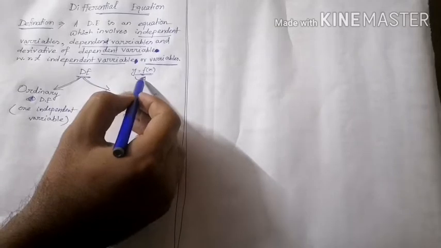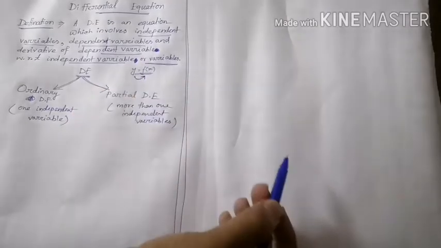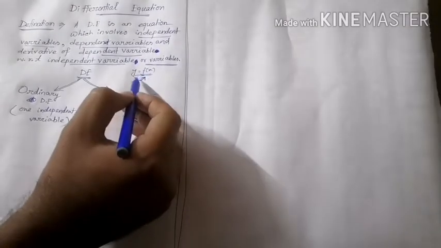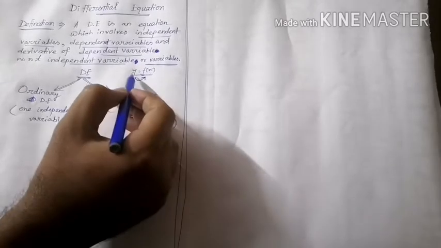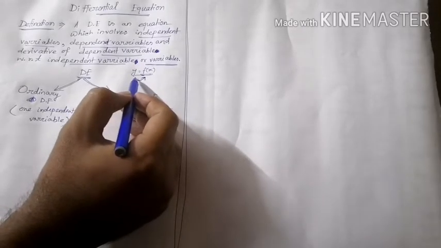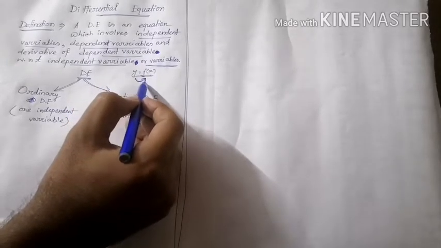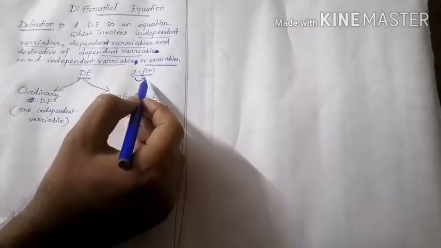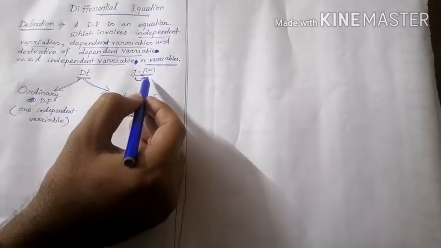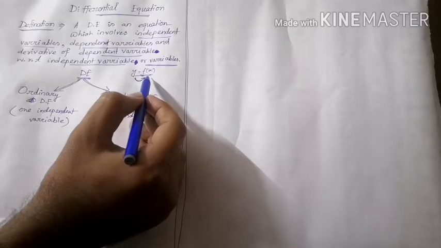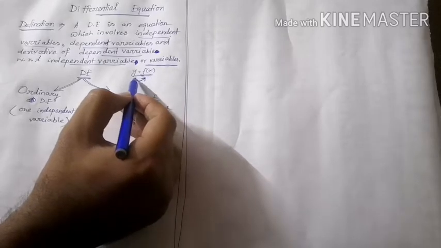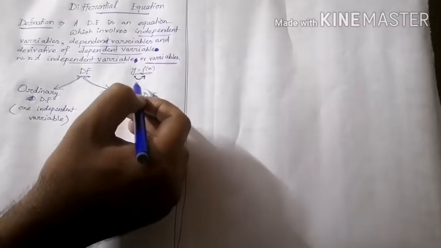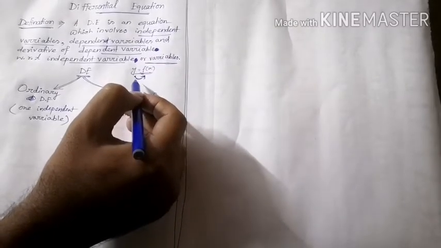Function of x is denoted as y. In that case, the value of y depends on the value of x. If we change the value of x in f(x), then the value of y will be affected and changed.